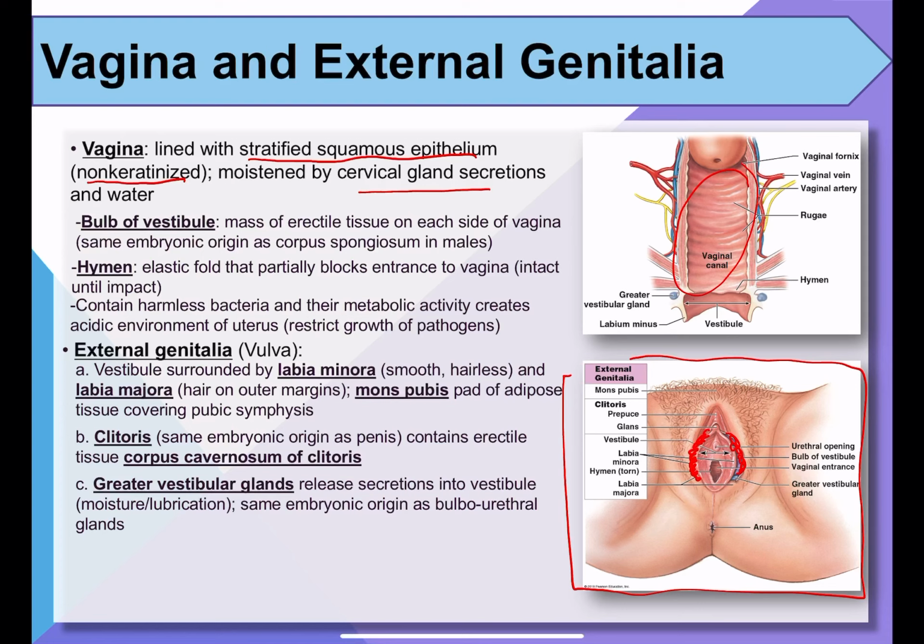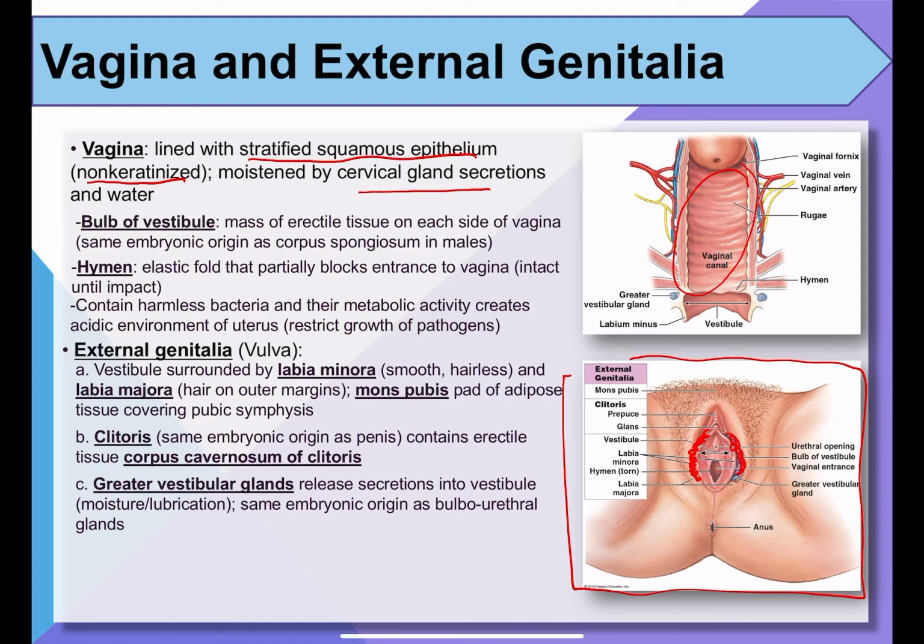The bulb of vestibuli actually shares the same embryonic origin as the corpus spongiosum in males. If you remember, within the penile tissues, there was the corpus spongiosum that surrounds the urethra, and the corpus cavernosum that surrounds those big central arteries. Okay, so this bulb of vestibuli is the same embryonic origin as the corpus spongiosum in males.